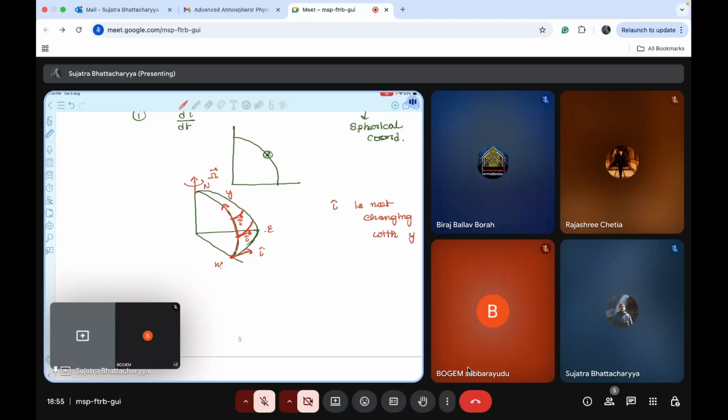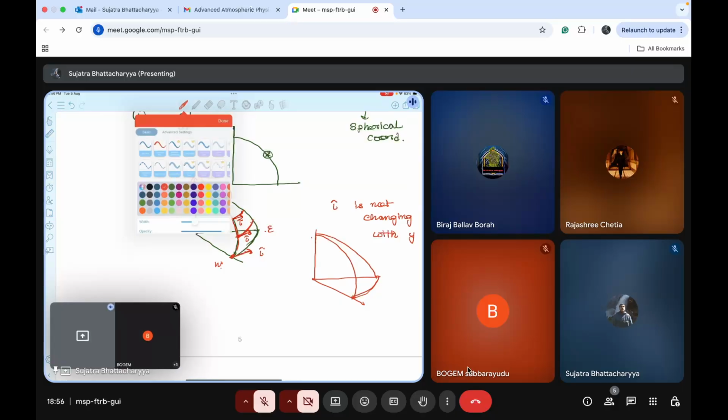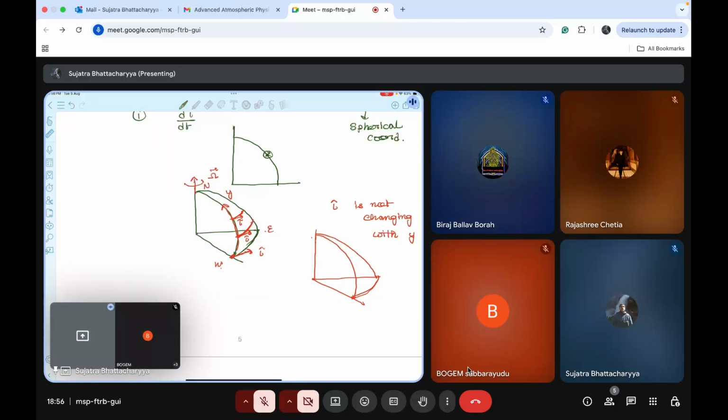Is it changing with the z direction? Let's see. So which is the z direction? Let's make another figure the same way I have made before.